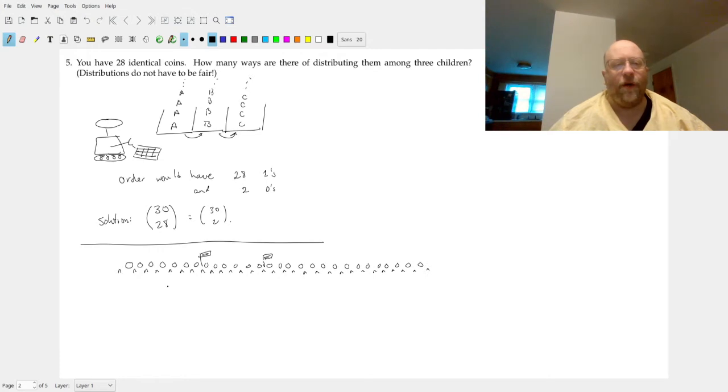Well, there are 29 ways of placing the first flag. Let me think about this for a second.